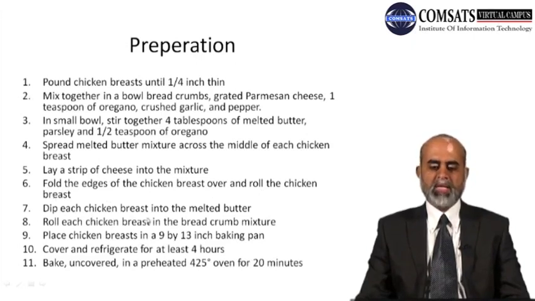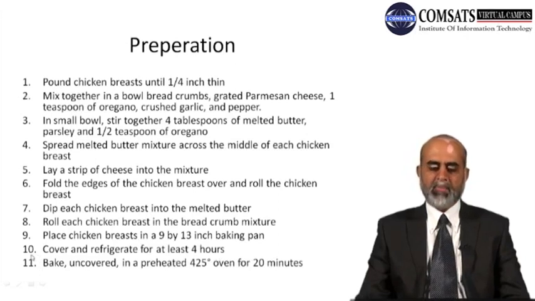Dip each chicken breast into the melted butter. Roll each chicken breast in the breadcrumb mixture. Place chicken breasts in a 9 by 13 inch baking tray. Cover and refrigerate for at least 4 hours.